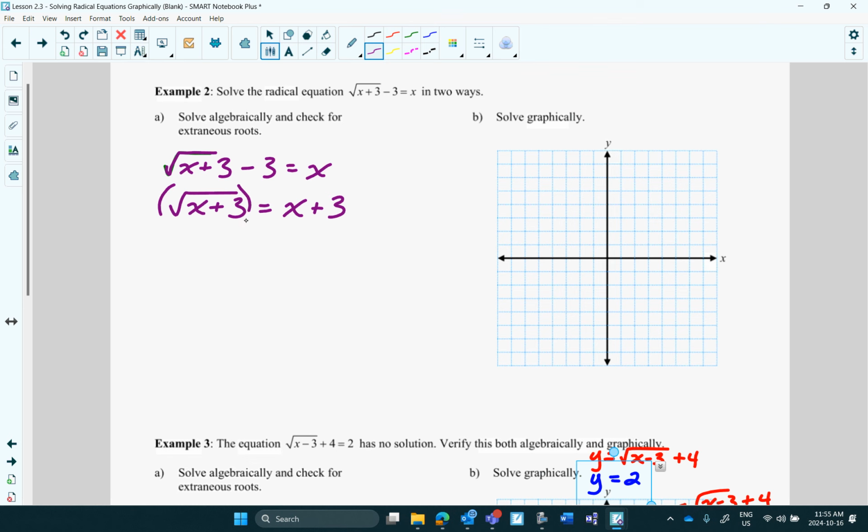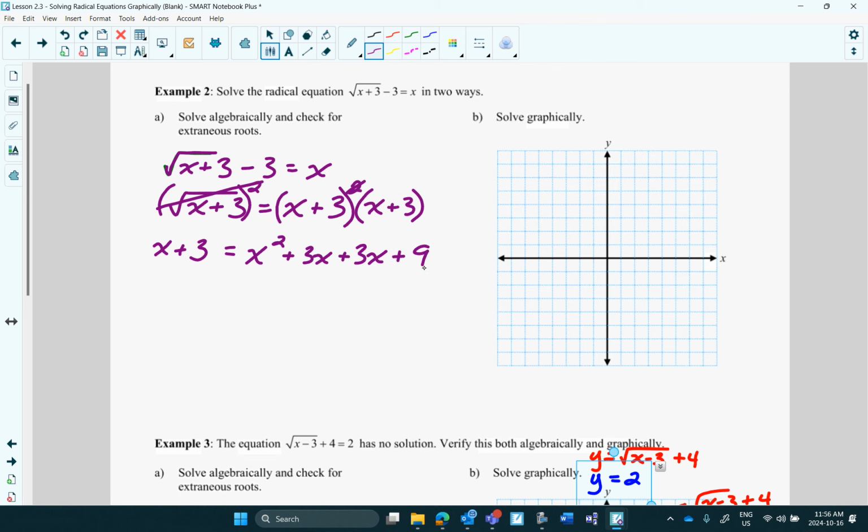Square both sides. Well, the square and square root cancel each other out here, so I'm left with x plus 3. What's x plus 3 all squared? It's x plus 3 times x plus 3, which means 4 multiplications, which gives me x squared plus 3x plus 3x plus 9.